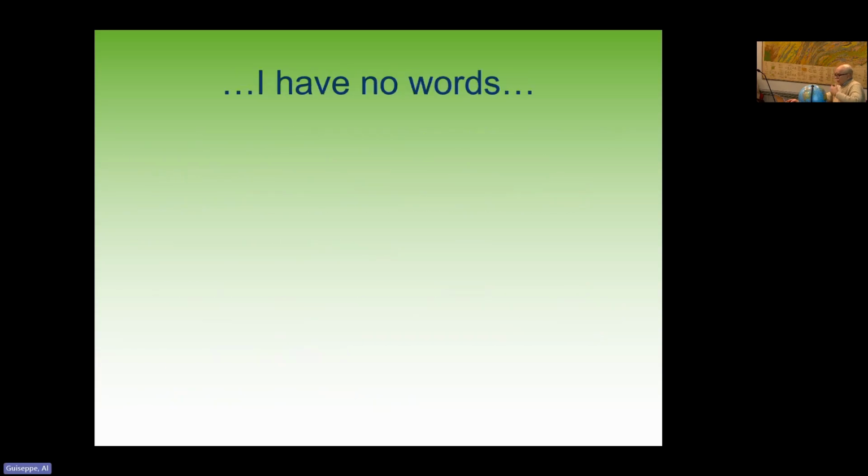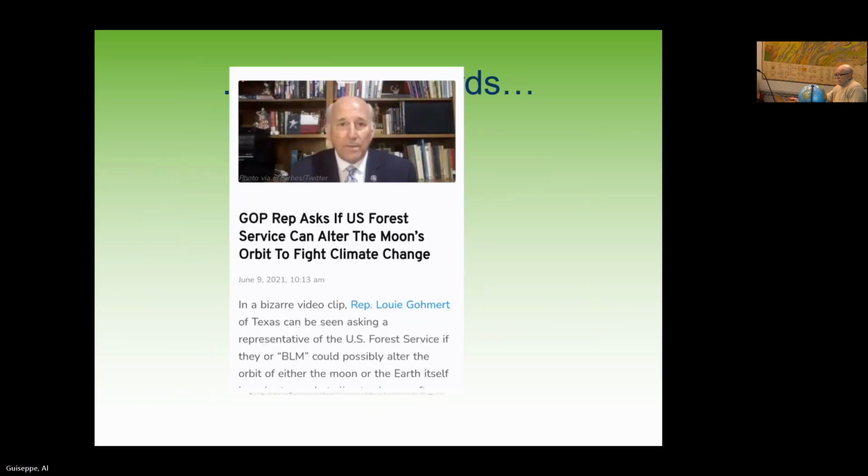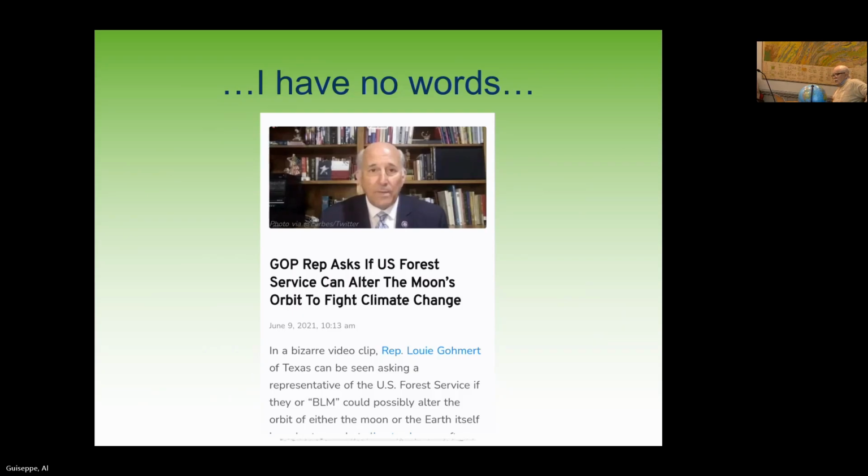But I have no words for this one. These are the people running our country. So in the 1950s, somebody wanted to blow up the moon to prove to the Soviets there's such a power. And all the physicists are going, you don't want to do that.